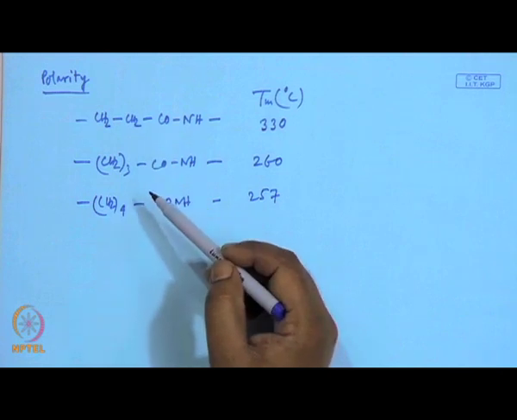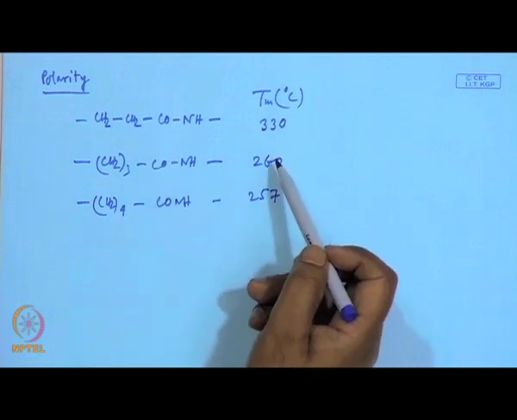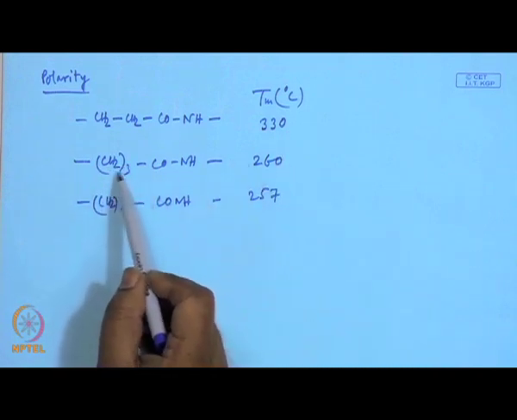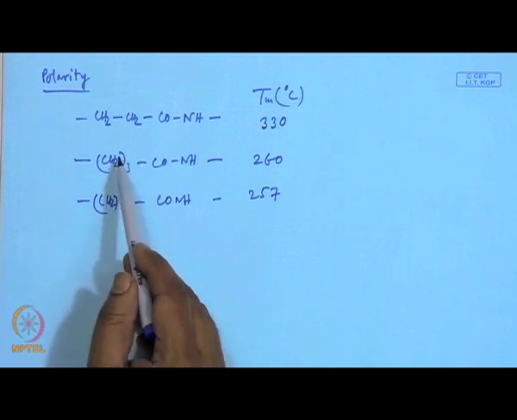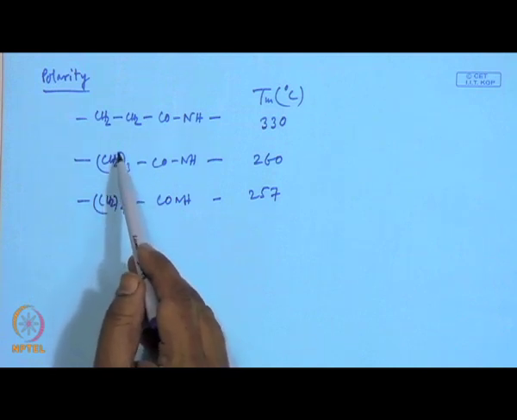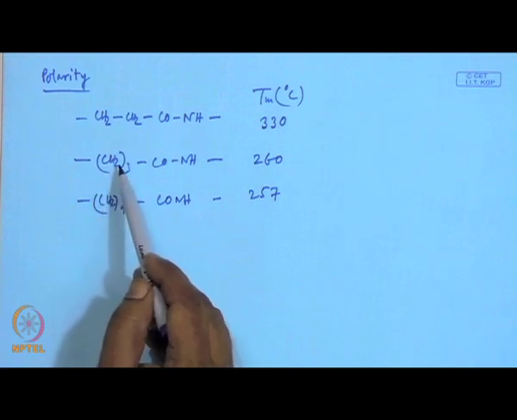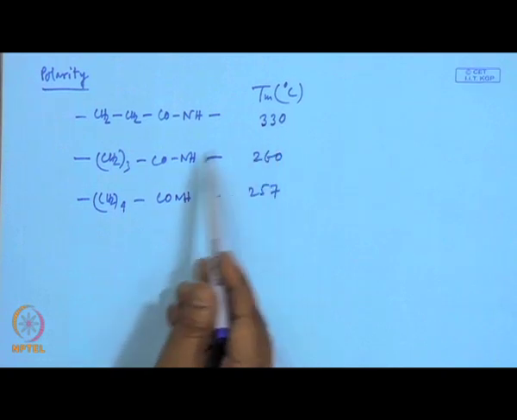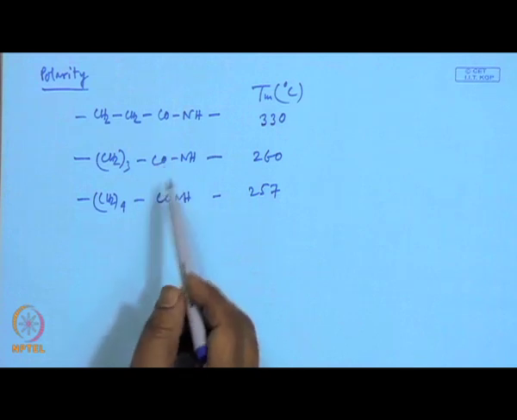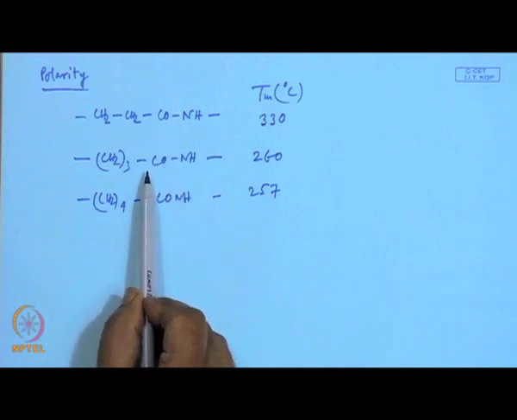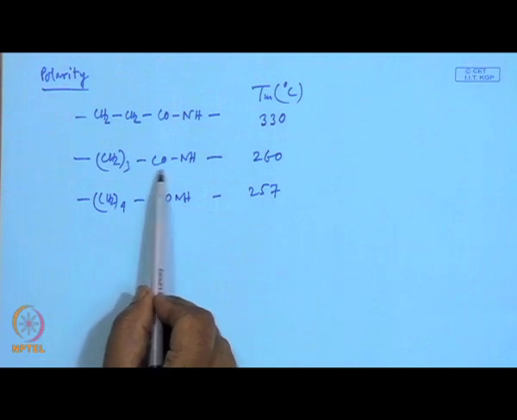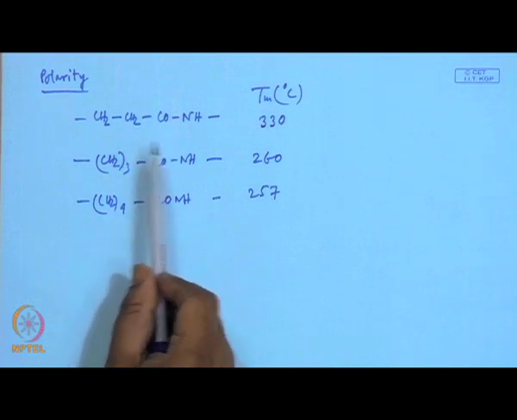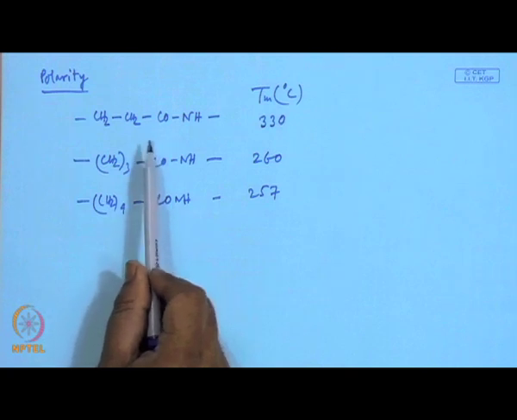Now, in this case you can argue that this drop in Tm could be because of the increasing flexibility of the backbone, but you are right, it can cause some decrease in the Tm because of the increased flexibility, but the amount of drop shown here can be only explained by the decrease in the intermolecular attraction because the fraction of CONH group is less in this polymer chain compared to the one shown here.